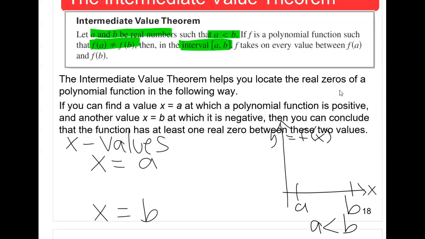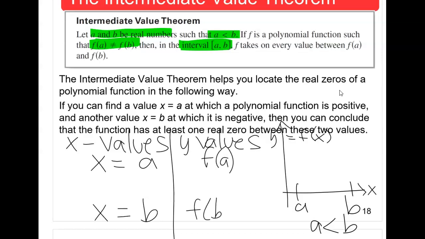Okay, so we have those x values, and now for the y values, or the function values that correspond to those x values, we have f of a here and f of b here. So the trick here is to figure out if those have opposite signs.